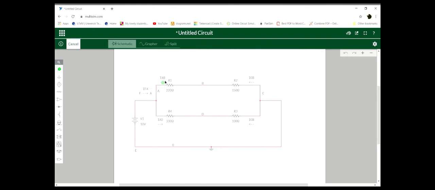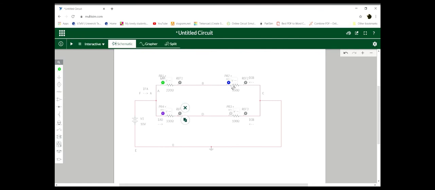Task 1, in part 2: we have to measure the voltage between VAB, VBC, VDC, VAD.